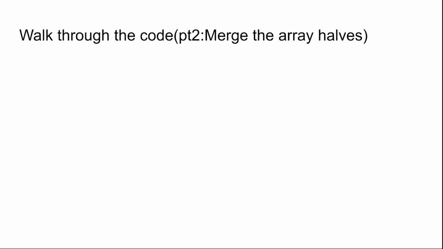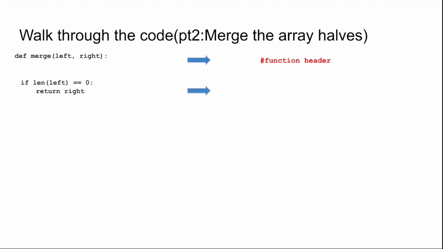Notice on the last line of the previous slide, there's a call to the merge function, which is another function that's part of the merge sort algorithm. Again, at the beginning, the termination conditions are stated. The function will terminate if the left array or right array is empty.